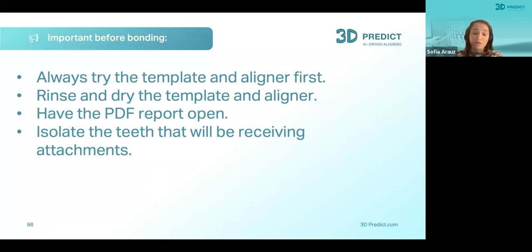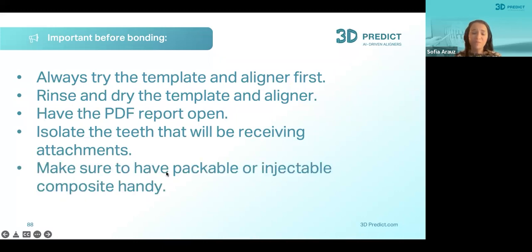Remember, attachments are composite. Follow your regular composite protocol, the one you follow for a successful restoration, when you're doing attachments. And please use packable or injectable composite. Don't use flowable.